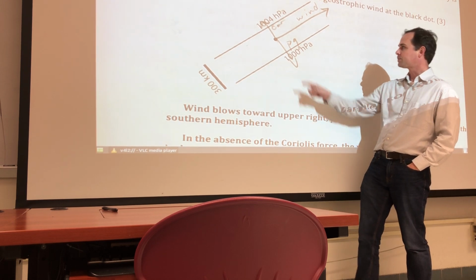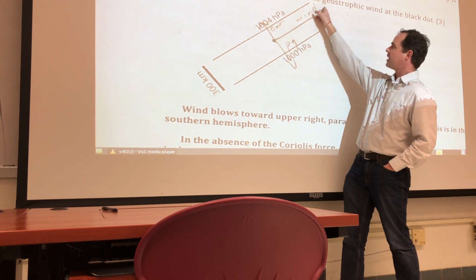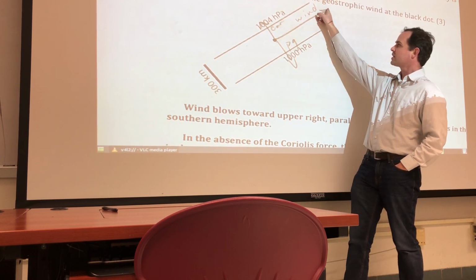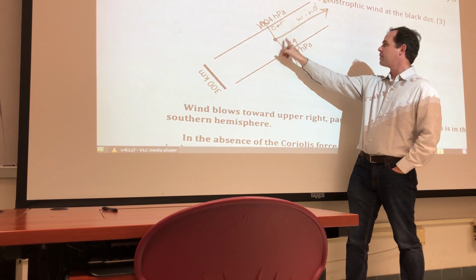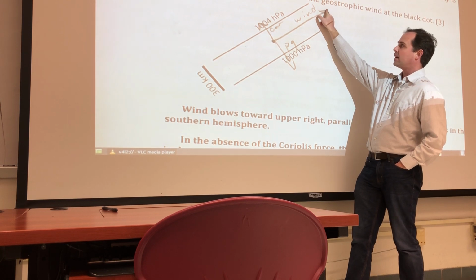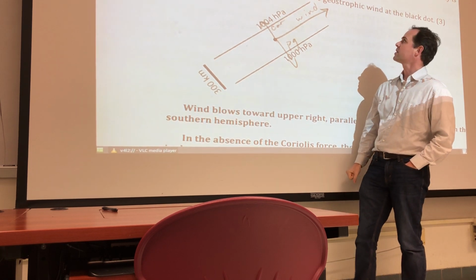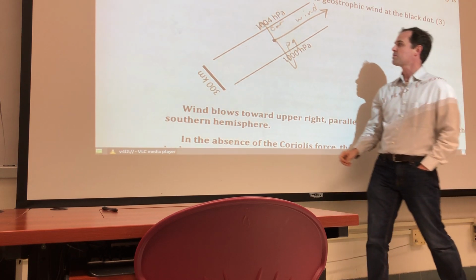And the correct answer was to say that geostrophic wind should be blowing parallel to the isobars. Most people got that it was blowing parallel to the isobars, and that the wind should be blowing in this direction. Now, the reason is because this is in the southern hemisphere, and it does say that at 30 degrees south in the description here.